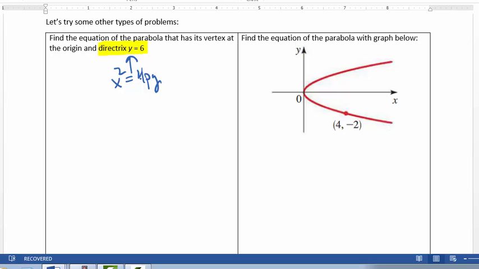So it would have the form x squared equals 4py. And in this case, remember, y equals 6. So 6 is -p, because the directrix is always going to be y equals -p or x equals -p. So this means that -p equals 6, which tells us that p equals -6.